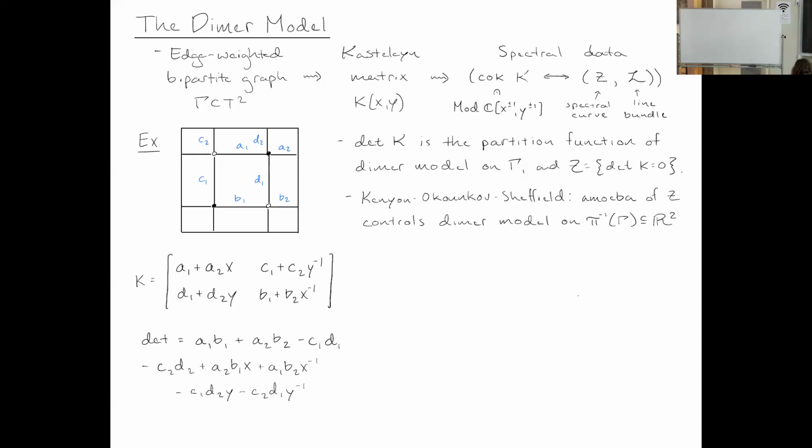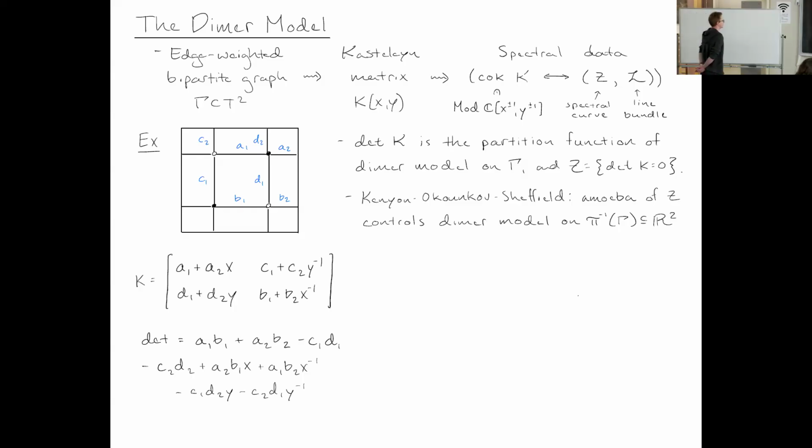And this top left entry is the sum over the edges between them, weighted by their edge weights and also by a monomial in 2 variables, x and y. And I use that monomial to count when edges cross the boundary of this picture. So this is a matrix valued Laurent polynomial that we'll call the Kasteleyn matrix of the graph.